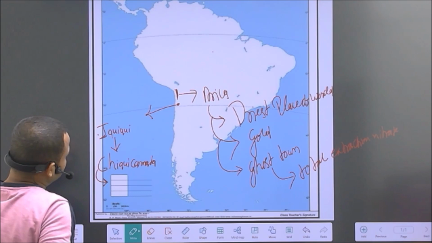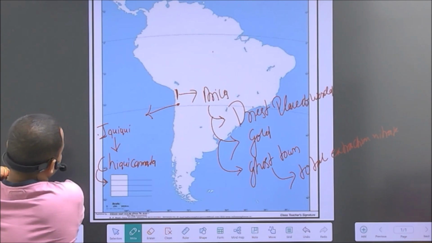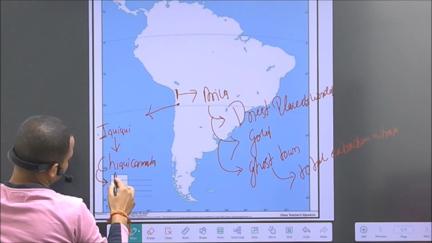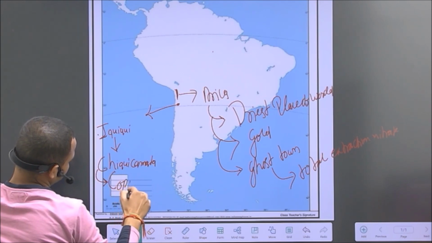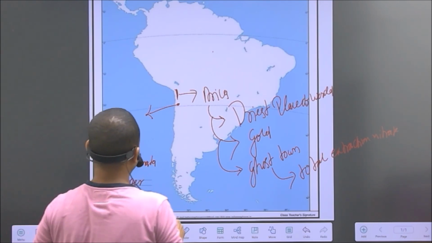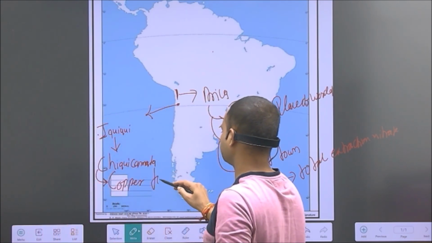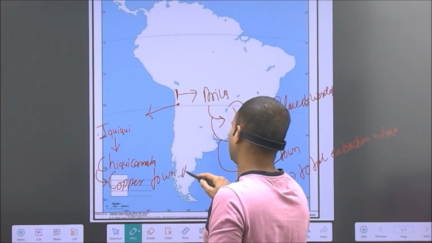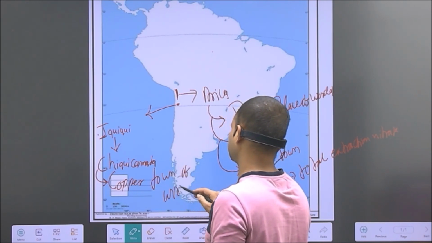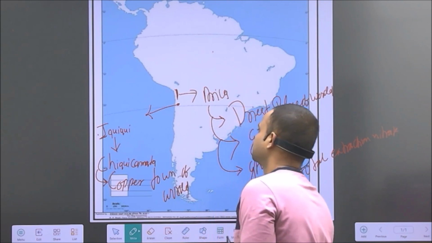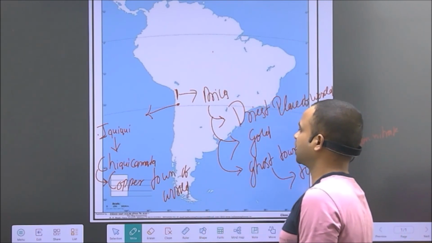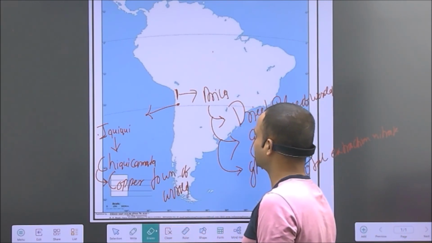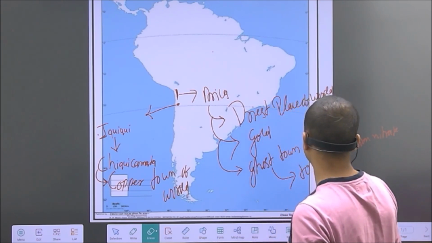So that's why Chuquicamata is called the copper town of the world. So this is all about the Arica place and the south of Arica.